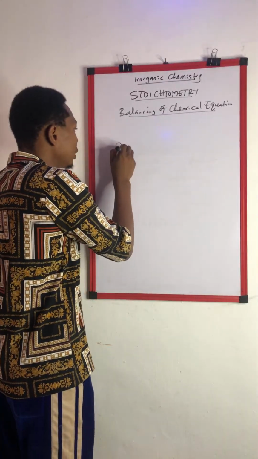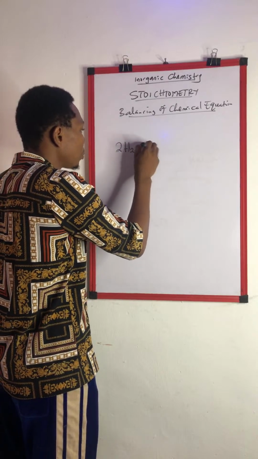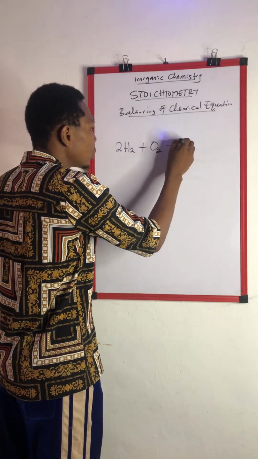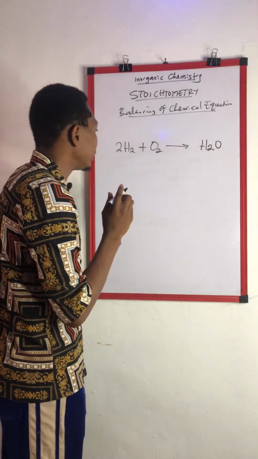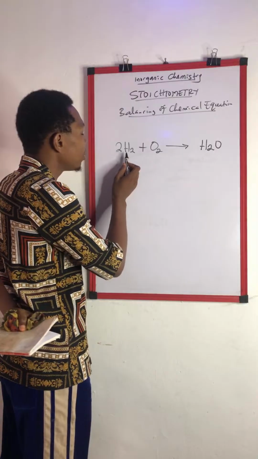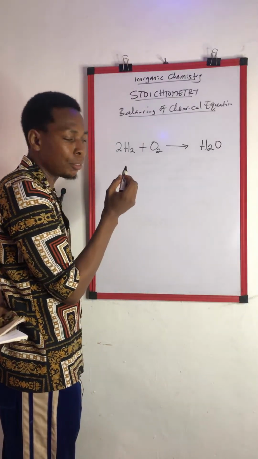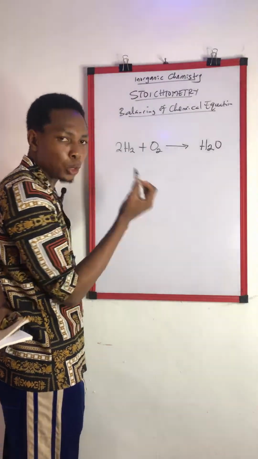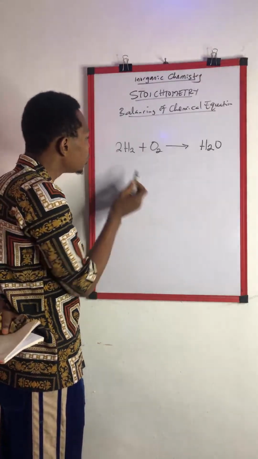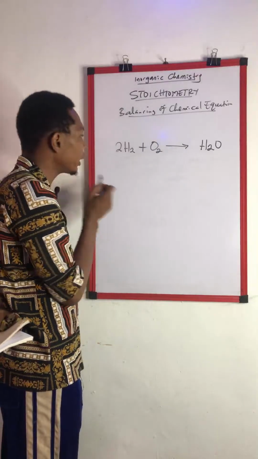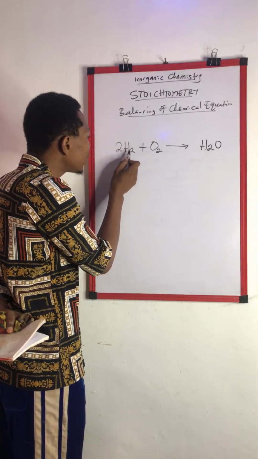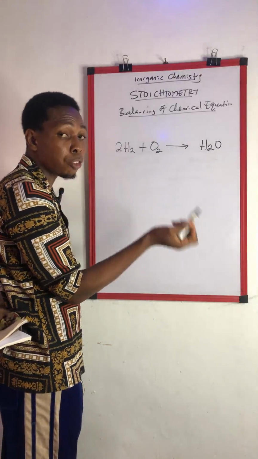So we are giving 2H2 plus oxygen gas to give us H2O. How many hydrogen do we have? We have 4 hydrogen. How is it 4? You are using this 2 here to multiply what is here. 2 times 2 will give us 4.